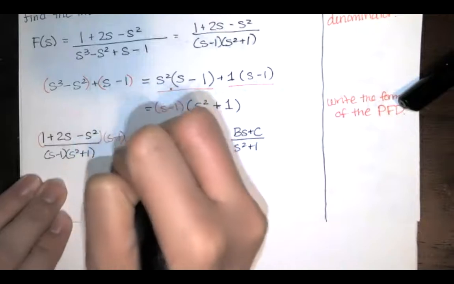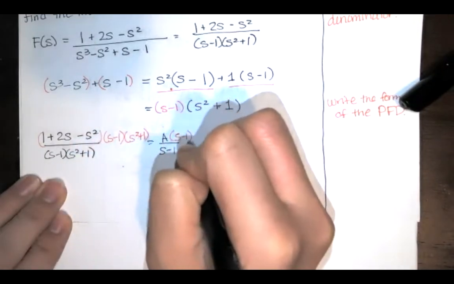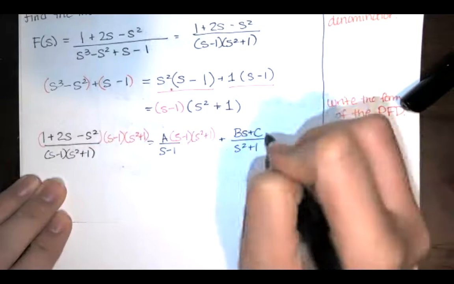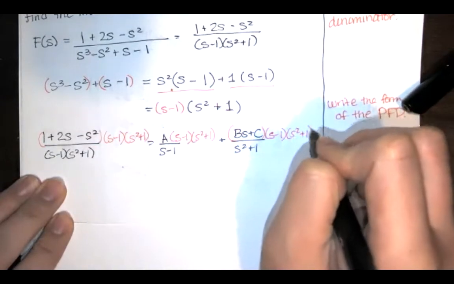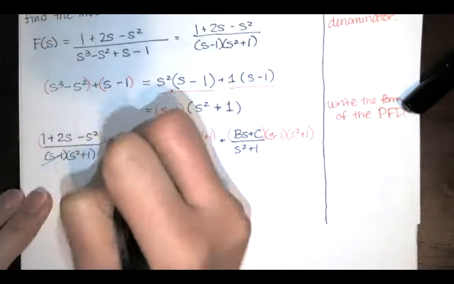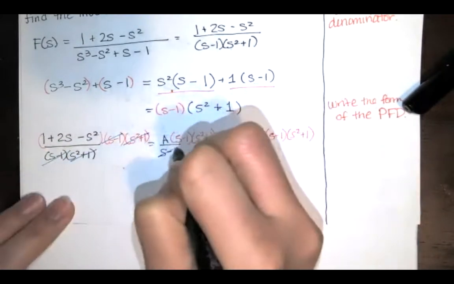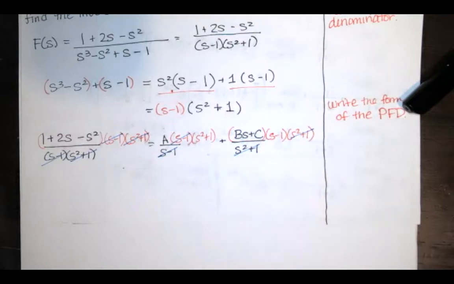Then we'll take this and we'll multiply by s minus 1 times s squared plus 1. We'll simplify as much as possible. These reduce, and these reduce. The LCD is always the original denominator.